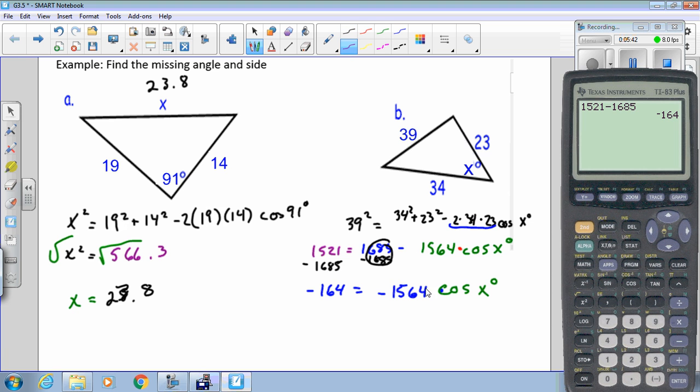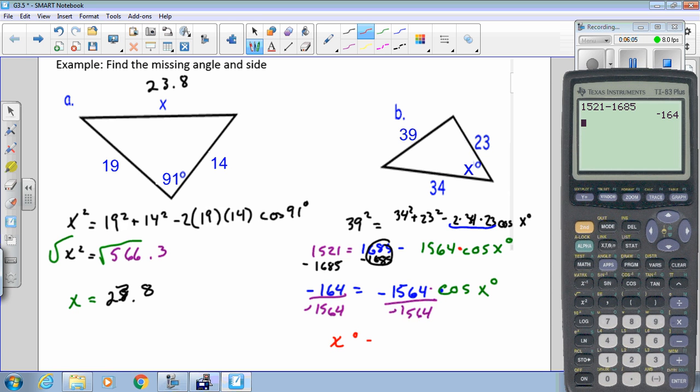Well, this is multiplied. So if I want to find cosine x, I'll have to divide by negative 1564 on each side. So to find my answer, I'll have to divide these two numbers. That'll give me cosine x, and I'll have to do second function, cosine minus 1.